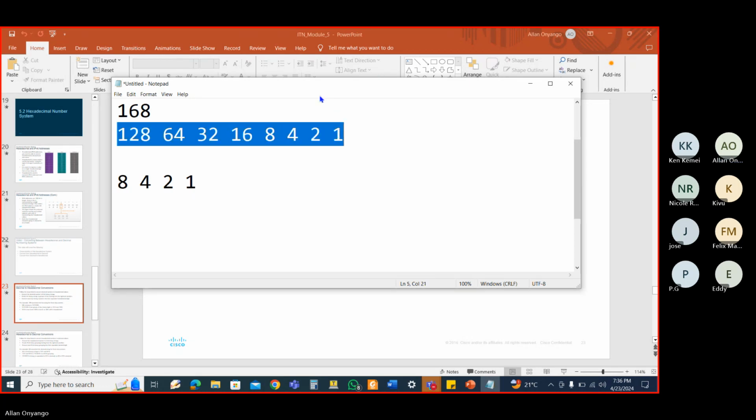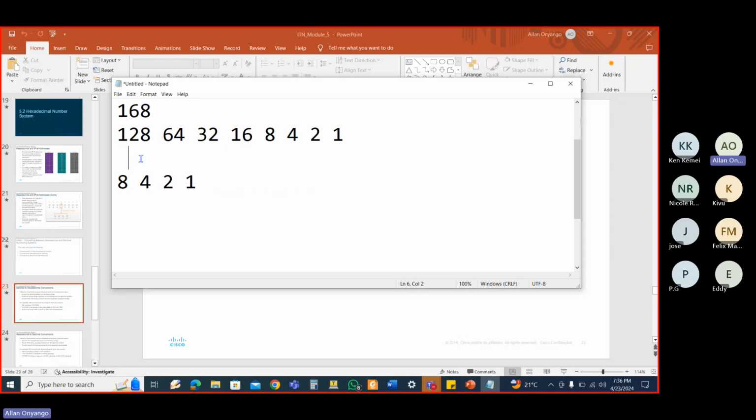So the first one is 128, isn't it? So what is 168 minus 128? 40. 40 is actually 32 plus 8, isn't it? Yes, which means all these ones are going to be 0. This is 1. This is 0. This is 0.